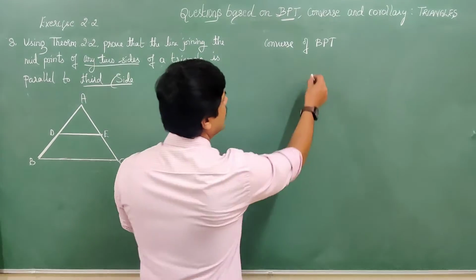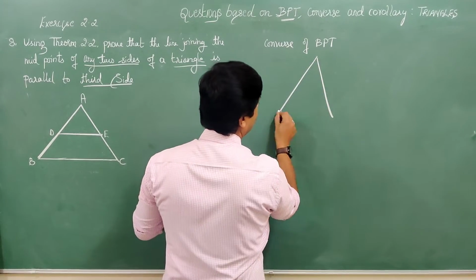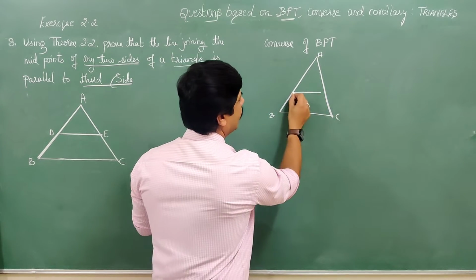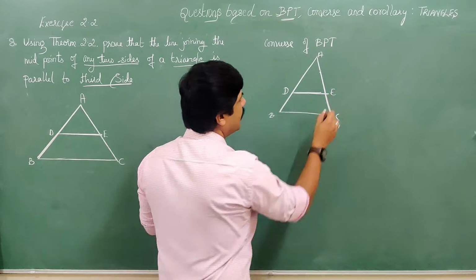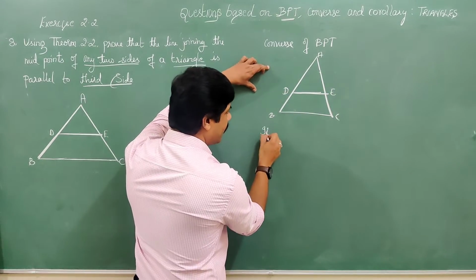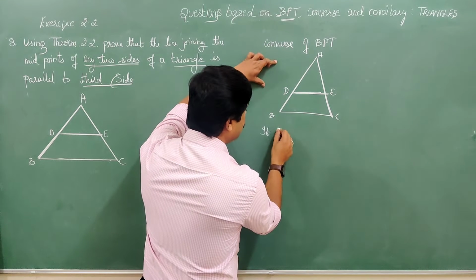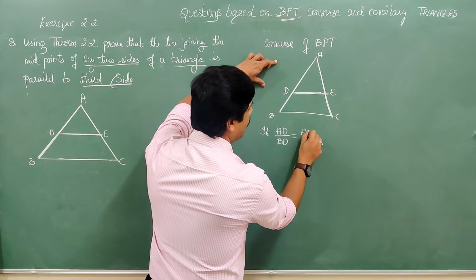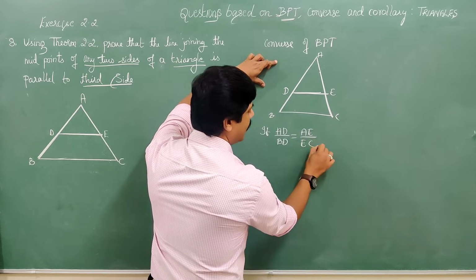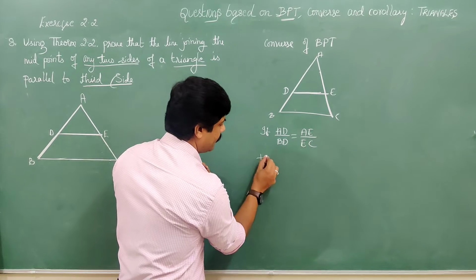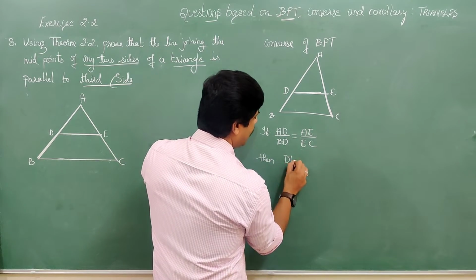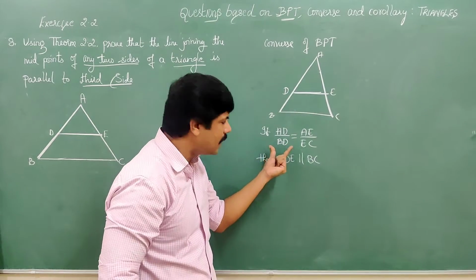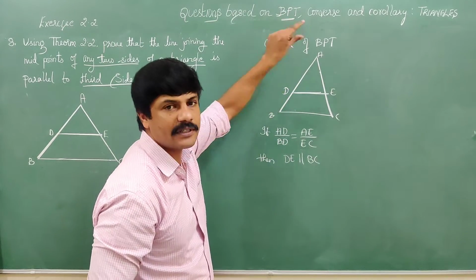You already know, but still once again, the converse of BPT states that in a triangle, if this line DE divides the other two sides in the equal ratio, AD by BD is equal to AE by EC, then line DE is parallel to BC. If this is the condition, then this is the fact. This is what the converse of BPT states.